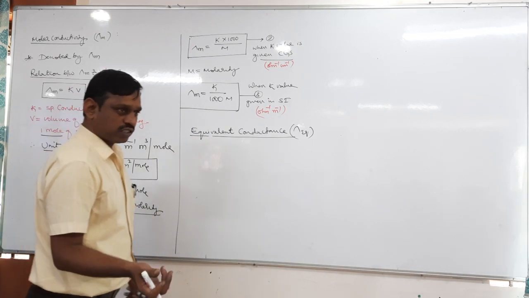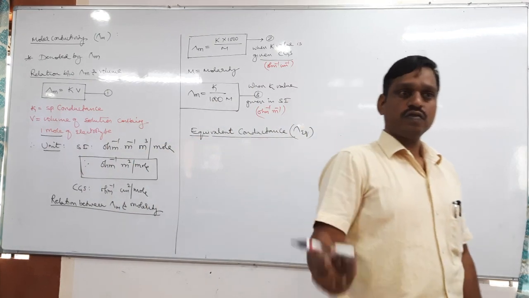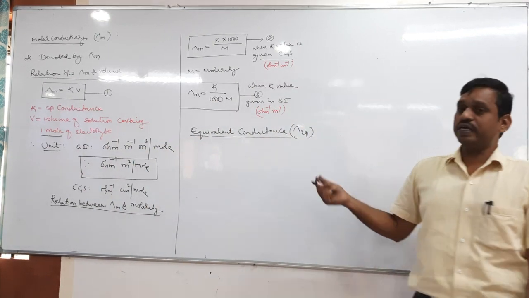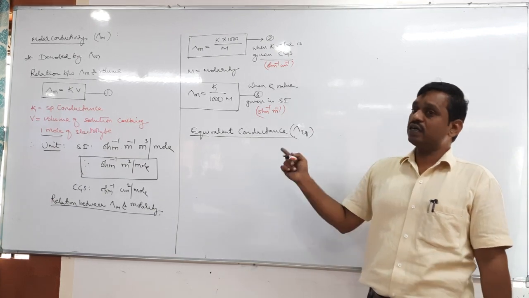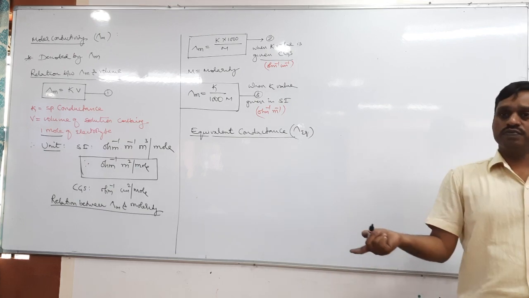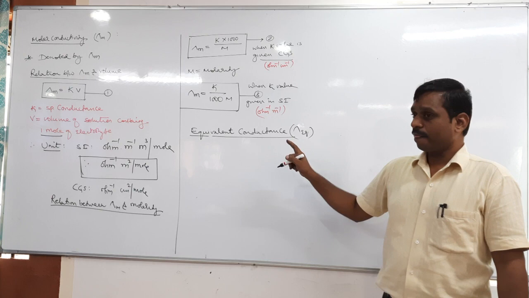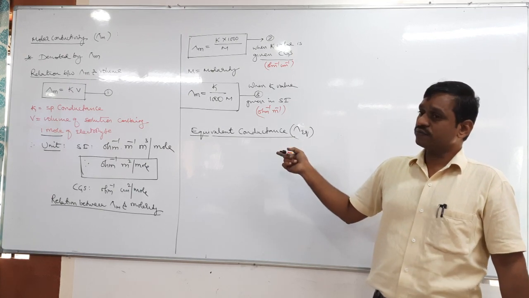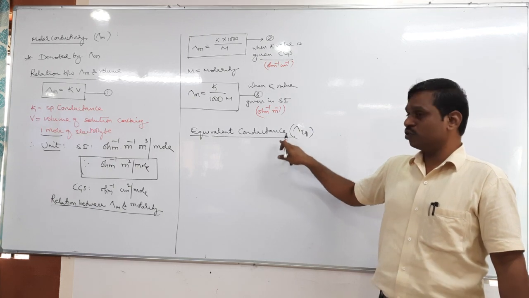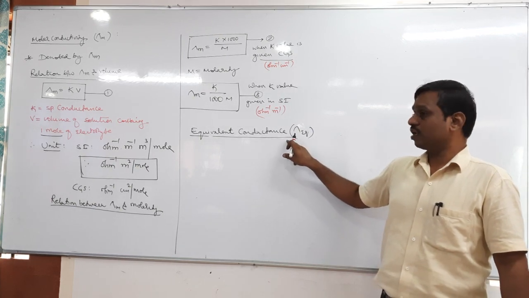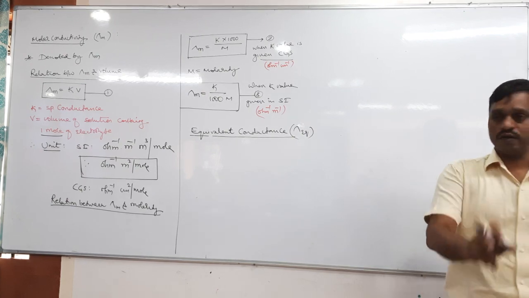Similar to molar conductance. What is molar conductance? The conductance of solution containing 1 mole of electrolyte in a given volume. Volume may be changed. But here, it is the conductance of electrolyte solution containing 1 gram equivalent of electrolyte.